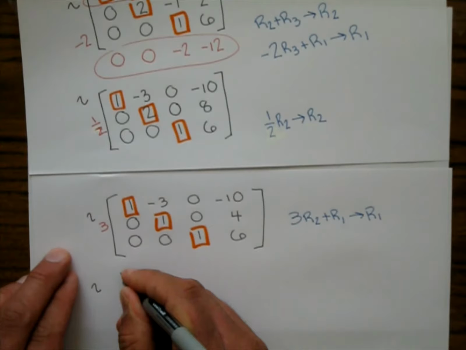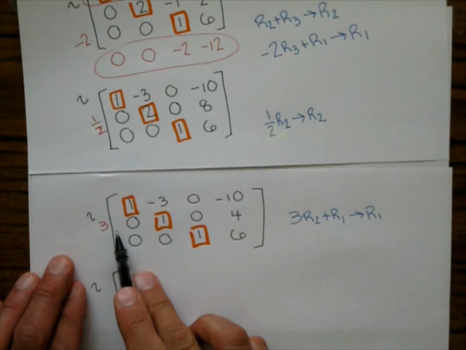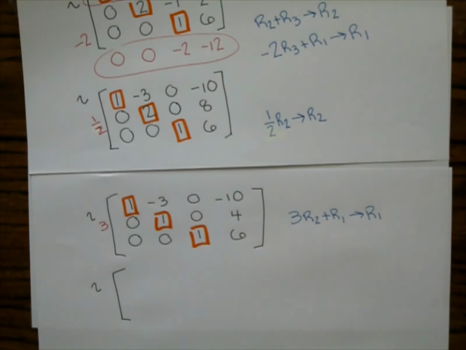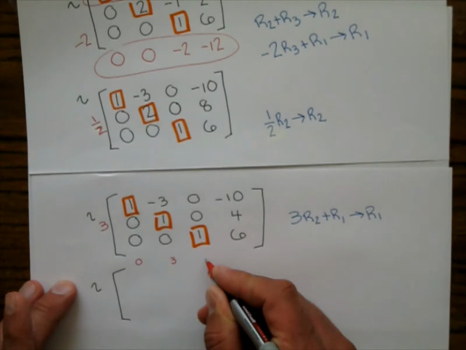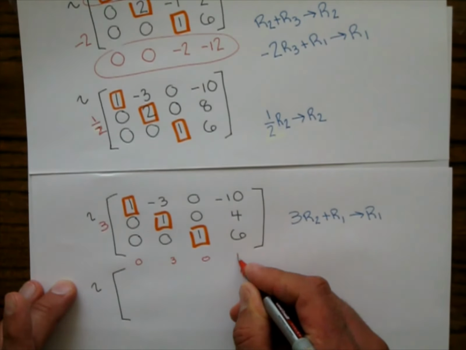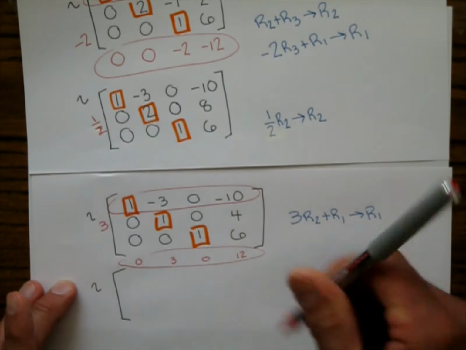So here it goes. We'll write that row 1 first. Probably should have written this below here. So 0, 3, 0, 12. That's going to be added together with row 1.